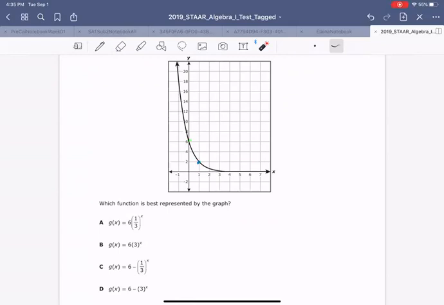You can use these 2 points to see which of A, B, C, D satisfy.